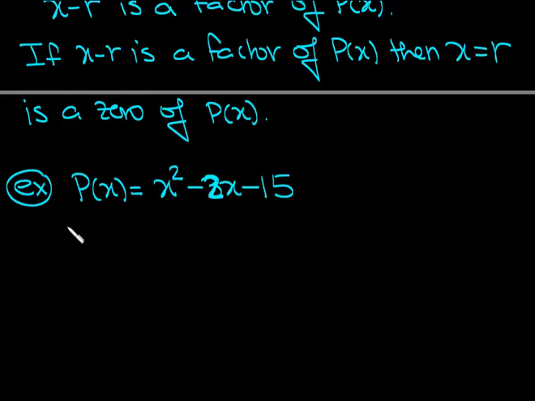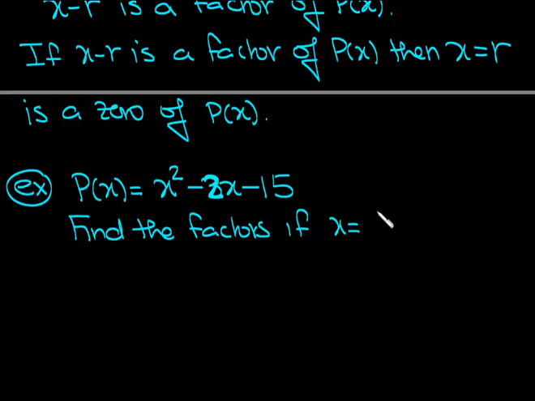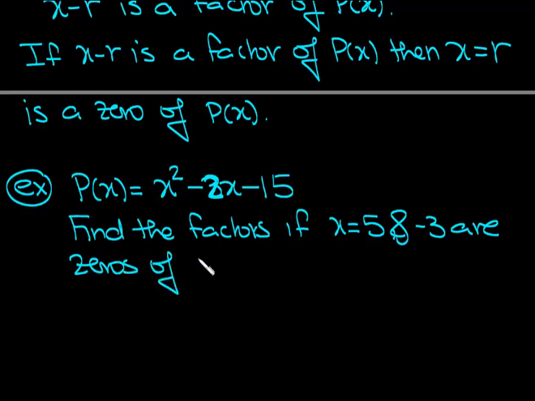Let me say I tell you to find the factors if x is equal to 5 and -3 are zeros of the polynomial p of x. So we already know the zeros. Can I find the factors? How do I find the factors?